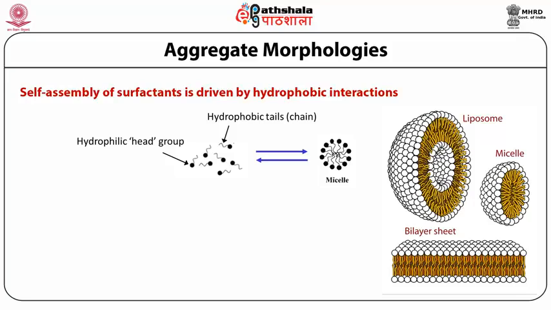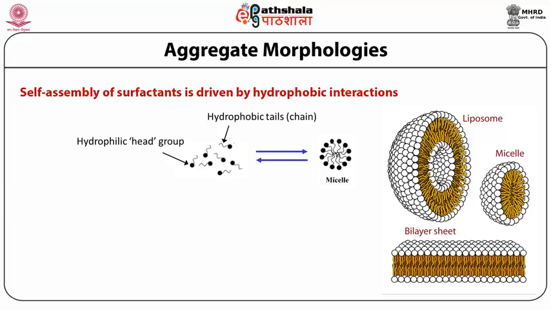Or it can form spherical micelles where all the hydrophilic groups are exposed to water and all the hydrophobic tails are inside. Or it can form a planar bilayer, where the hydrophobic chains interact with each other, and the hydrophilic head groups interact with the water molecules.